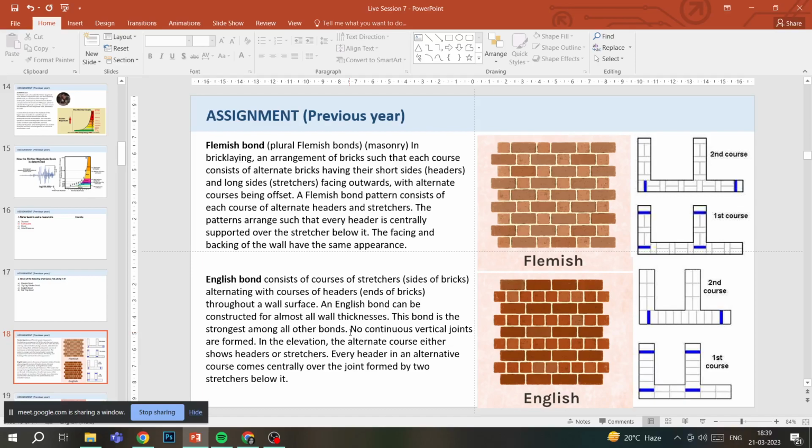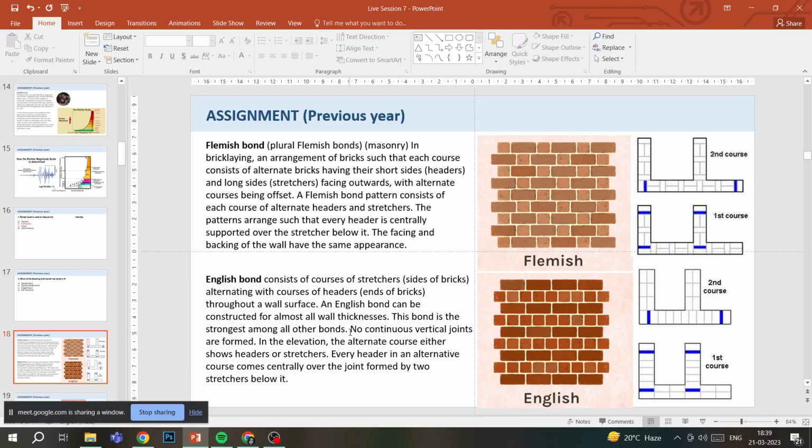In Flemish bond, in the same layer you have stretcher and header laid one after each other consecutively. But in English bond, one layer is all stretchers, one layer is all headers, then again the layer is all stretchers, then again the layer is all headers. So that's how English bond is constructed.